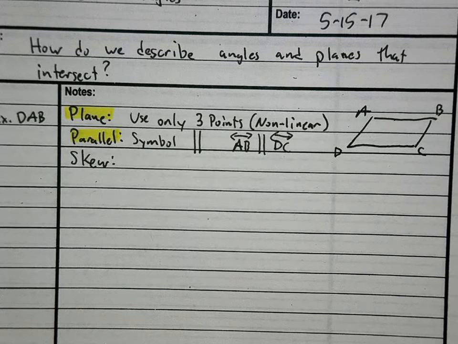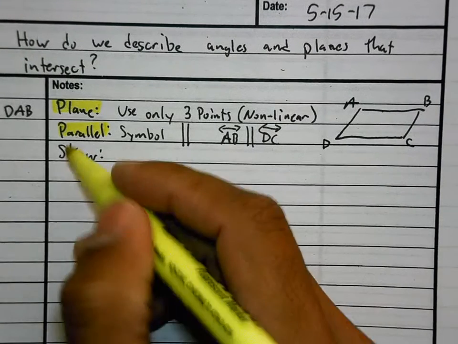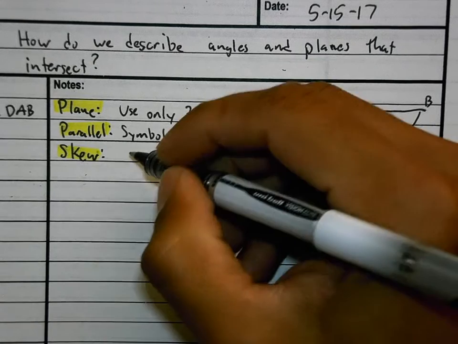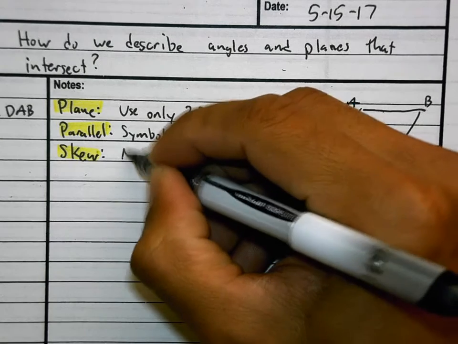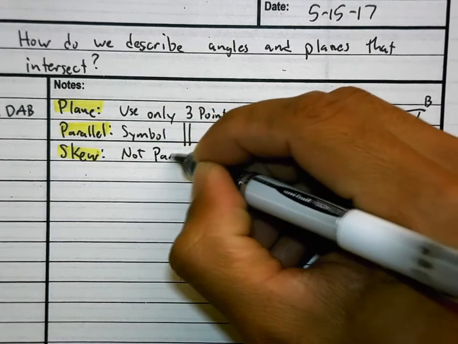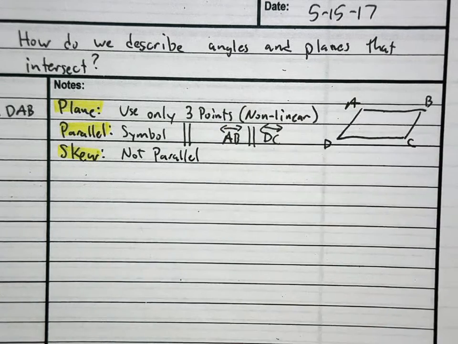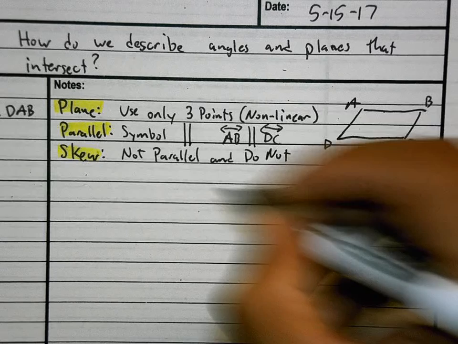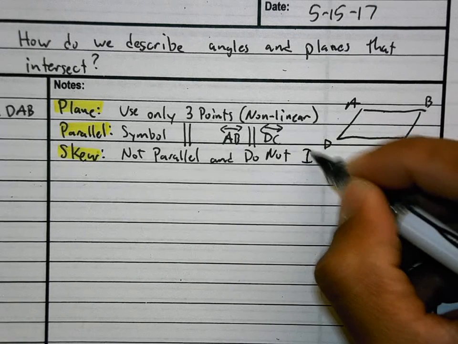The last word that you need to know is the word skew. Skew means not parallel and do not intersect.